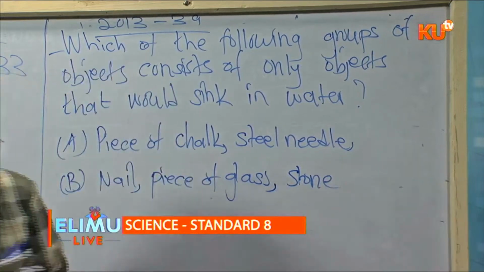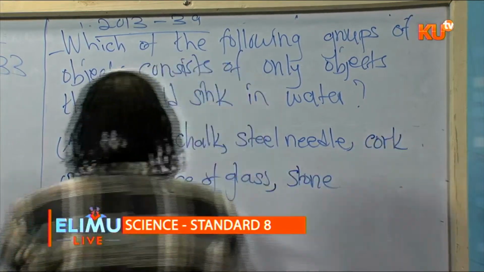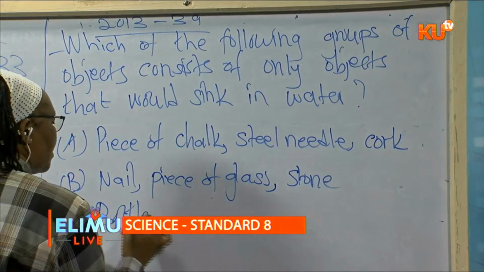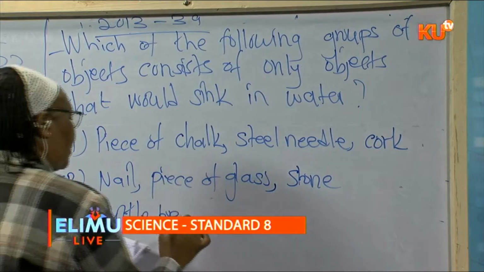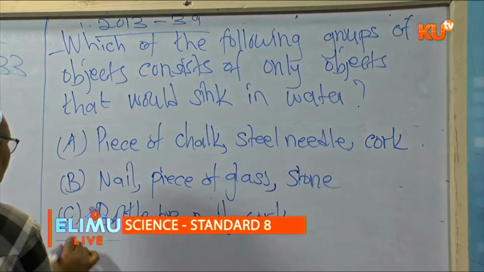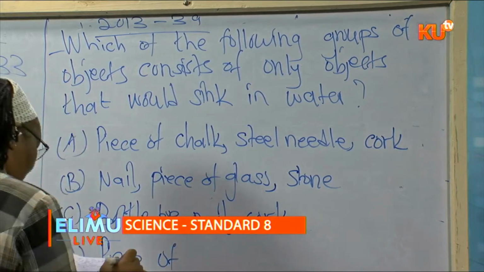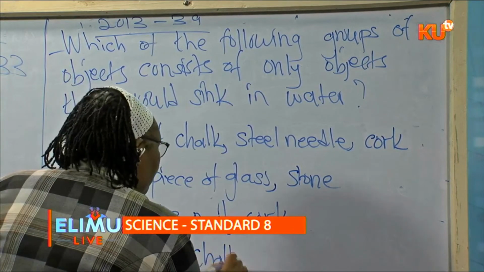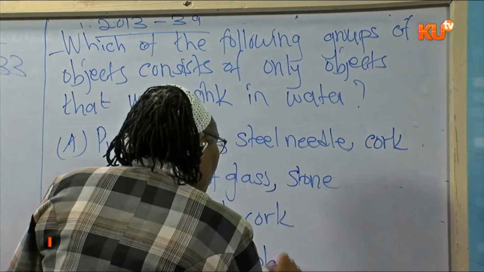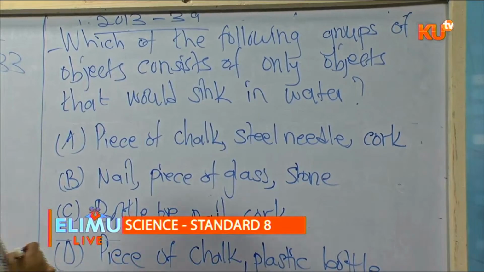Choice C, bottle top, nail, cork. Choice D, piece of chalk, and plastic bottle.